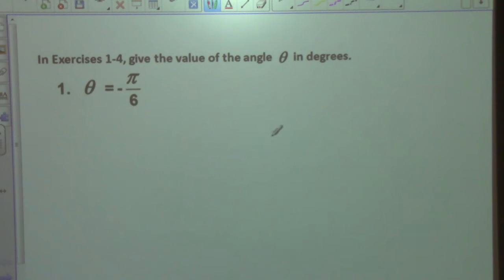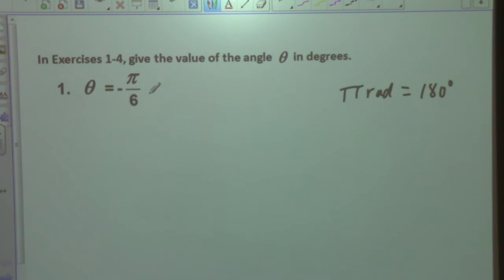This is what I did not understand. You didn't understand that? Okay, but the main thing you have to remember is that pi radians is equivalent to 180 degrees.